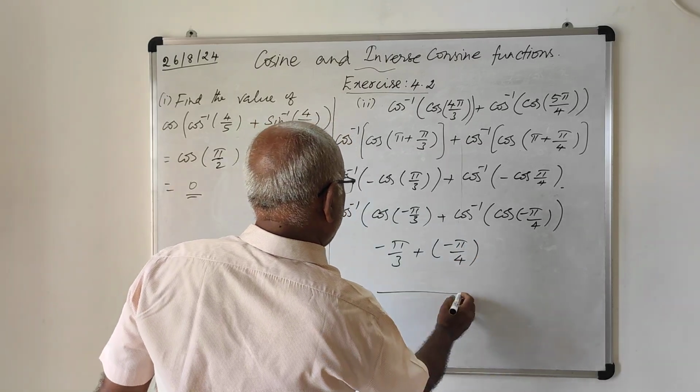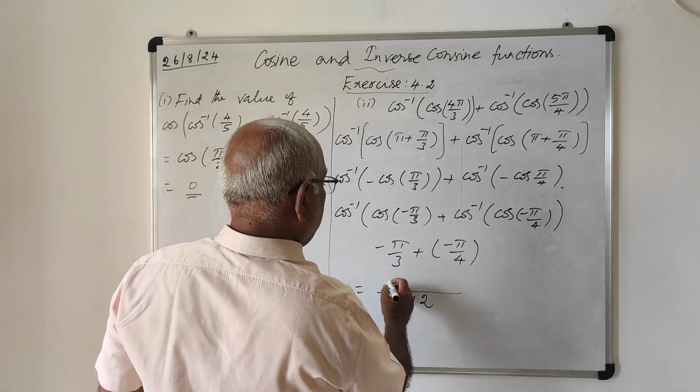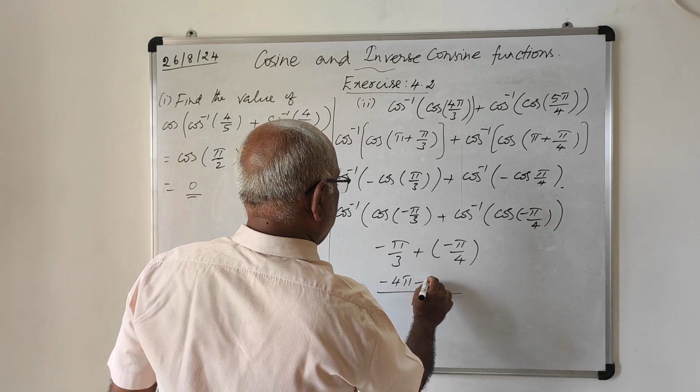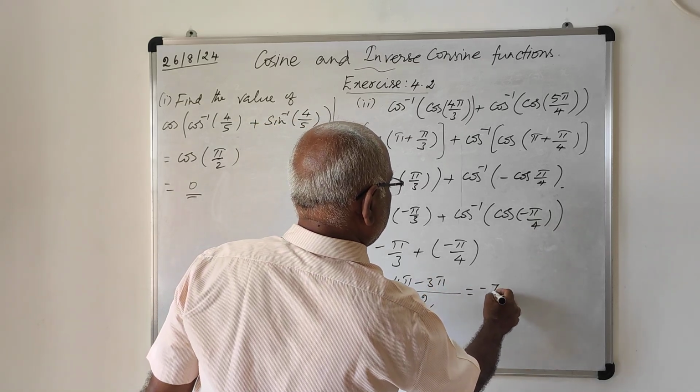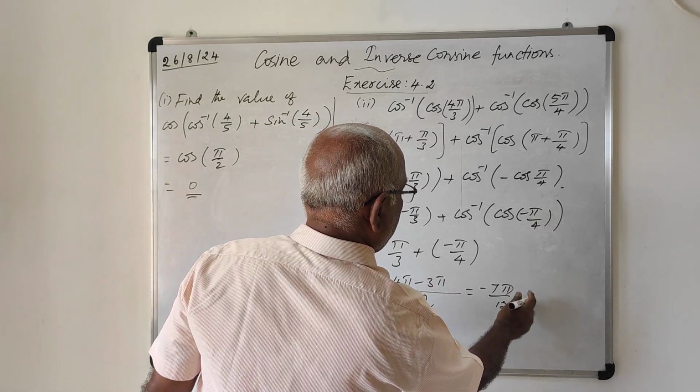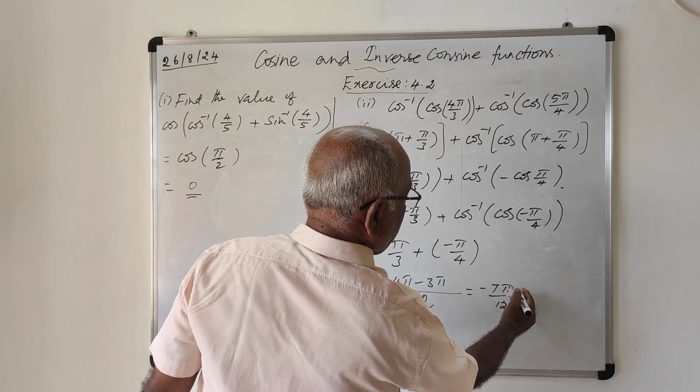Taking LCM 12, we get minus 4 pi minus 3 pi, that is equal to minus 7 pi by 12.